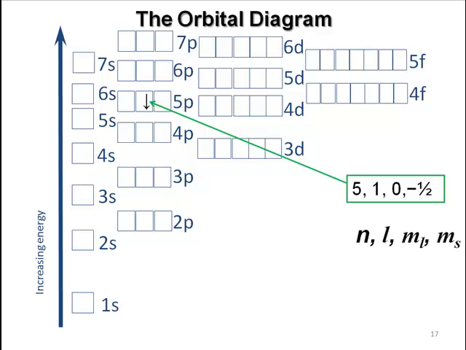So now we've been able to identify electrons with incredible specificity. If we had 4, 3, -1, 1/2, it would be right here in the 4F. So there's our L0, L1, L2, L3.